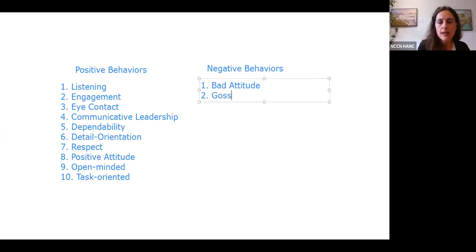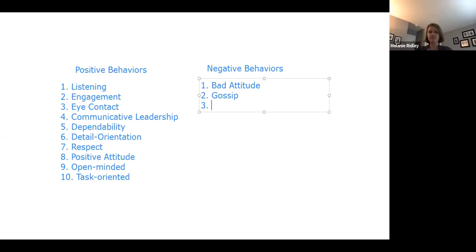Gossip can spread like wildfire and really kind of get us distracted, right, from what we're trying to accomplish, and can also create barriers between people. We have favoritism. We'll say lack of engagement.